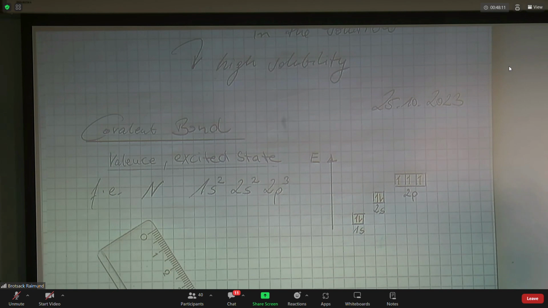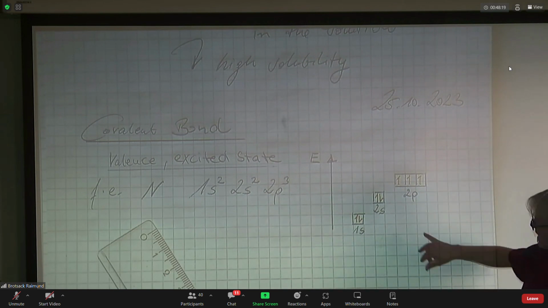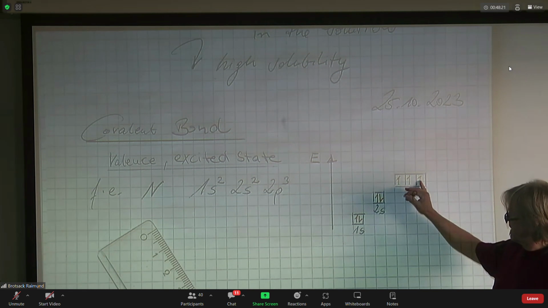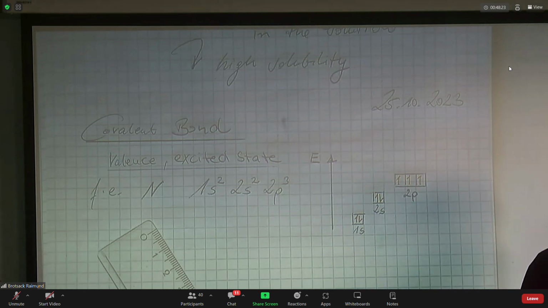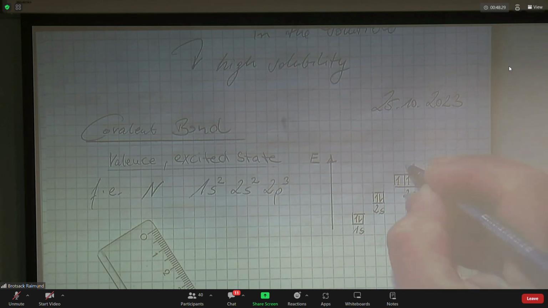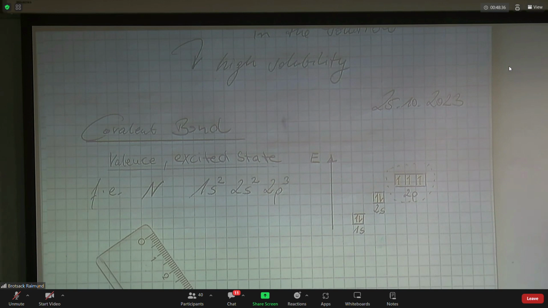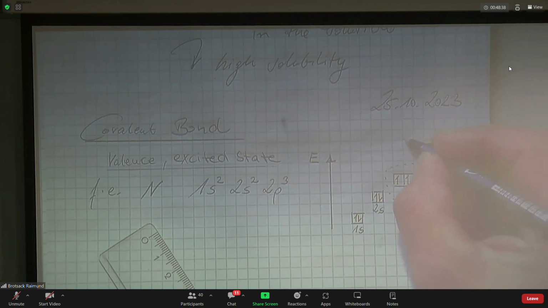1? 3. Why 1? No, we have to fill it up, and therefore we need 3. So for the nitrogen, we will have at the end, when it's willing to go into any kind of chemical bond, 3 partners.